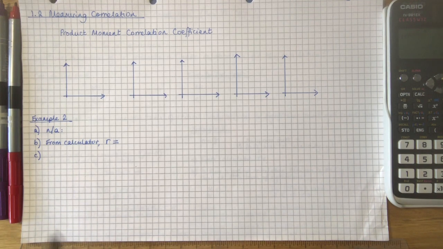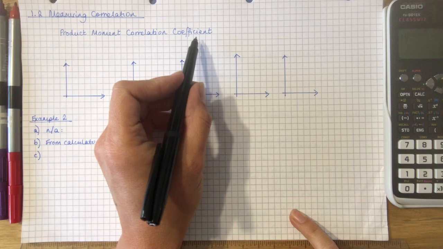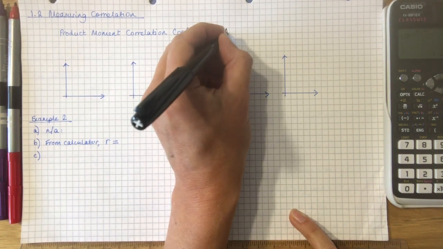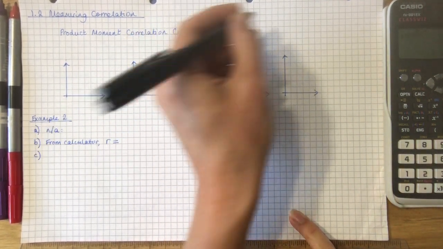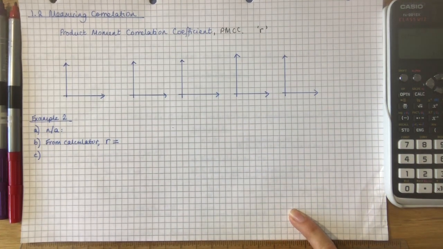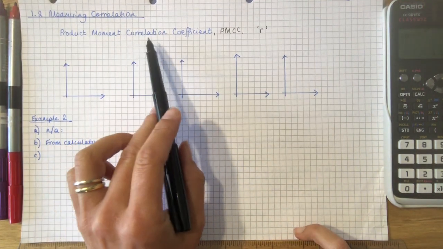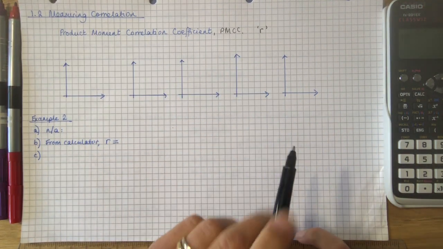And the way we're going to quantify it is something called the product moment correlation coefficient. This is often abbreviated to the PMCC, and it has the letter R. So we're going to use the letter R throughout this, and when we do, we're referring to the product moment correlation coefficient, the PMCC.